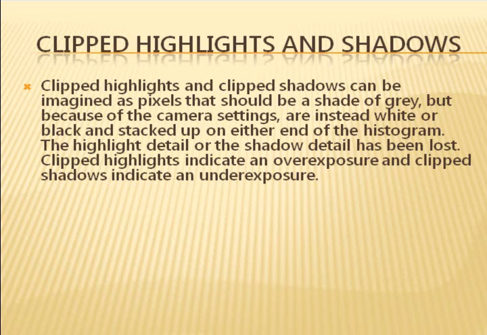Same thing on the other end for shadows. If you have a straight line on the left edge, it usually indicates that you've clipped some shadows. In other words, referencing back to the beginning of the other part of this lesson, when I said that the good exposure is the one with the most information.